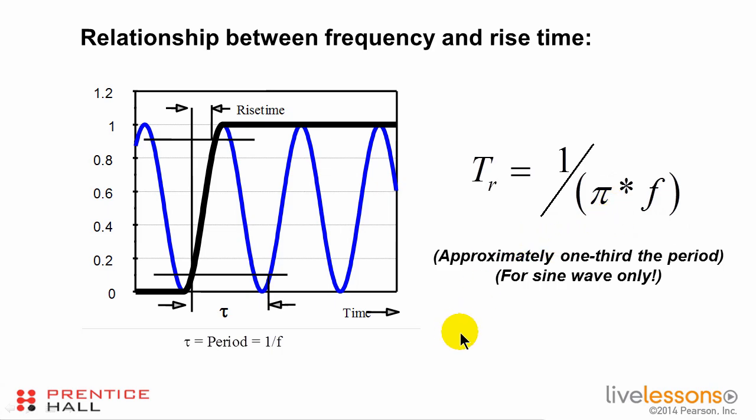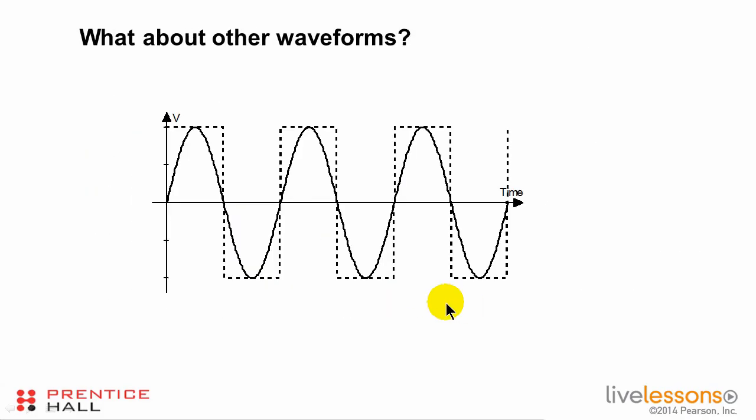Now, this applies for sine waves or cosine waves only. But if we have any other type of waveform, for example, here's a square wave, which is what we kind of hope our clock signals look like, and here's an underlying sine wave of exactly the same frequency, well, obviously the rise times here are dramatically different between these two waveforms.